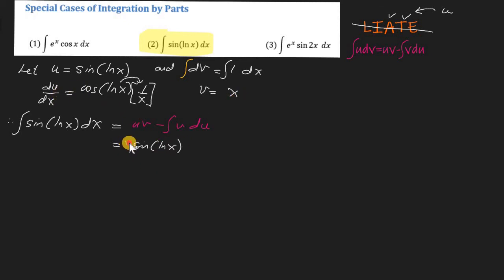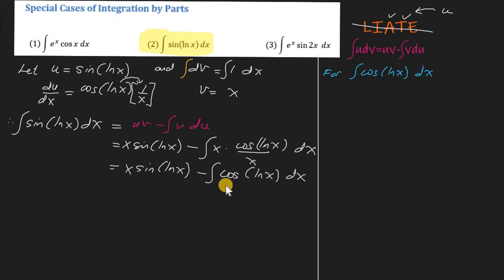I'm going to put the x in front, minus integral of v, again the x, times du. Du is cosine ln x over x dx. The x cancel off.